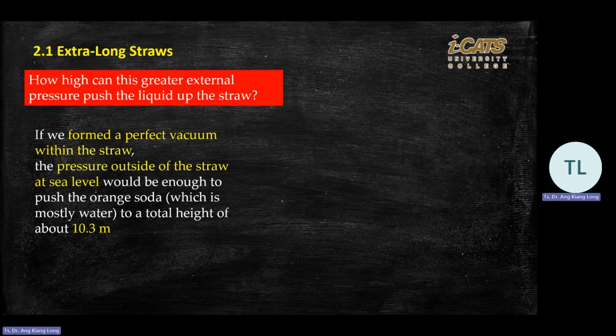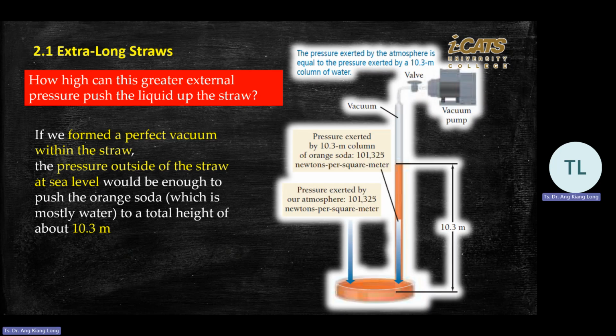So how do we fill the straw? We need to create a low pressure. Perfect low pressure is a vacuum, right? Of course, it will be negative, but we use vacuum. So if we have vacuum in the straw, water can go up to 10.3 meters.